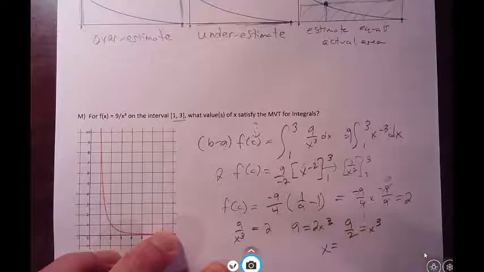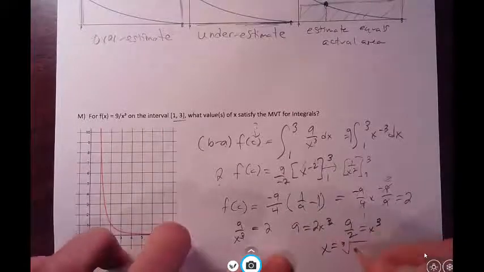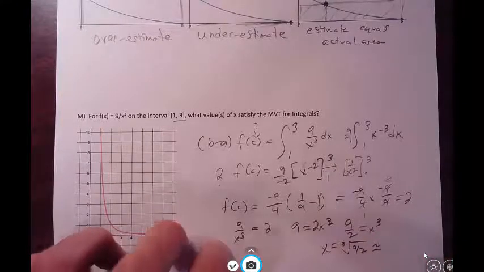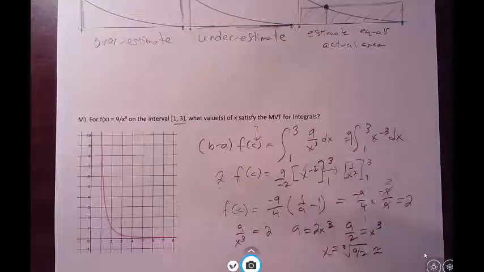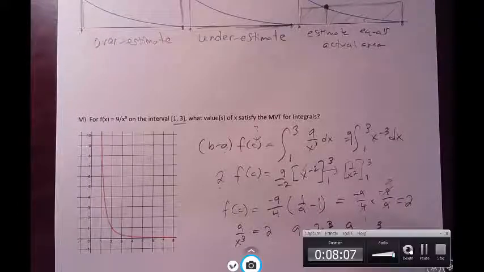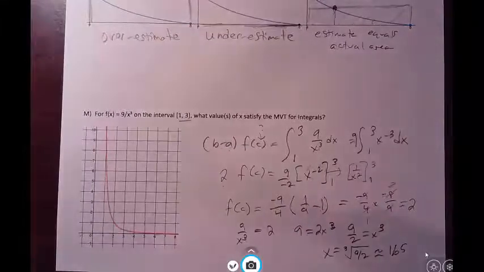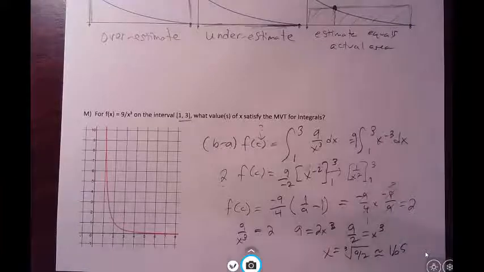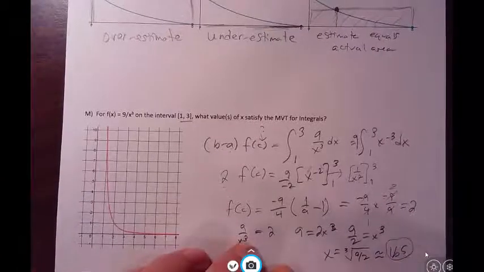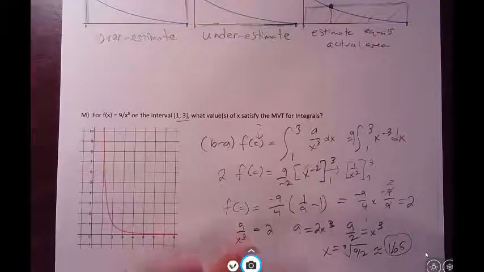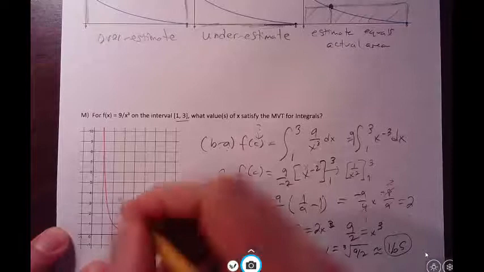So x is going to be the cube root of 9 halves, which my calculator is going to tell me is about 1.65. So 1.65 is the c value that makes this theorem true. So let's look at that on the graph.